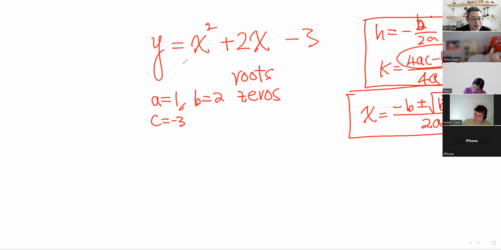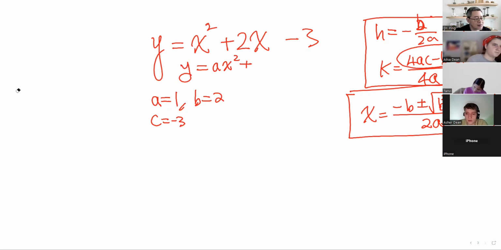Yeah. So basically our template is y equals ax squared plus bx plus c, and H equals negative b over 2a.